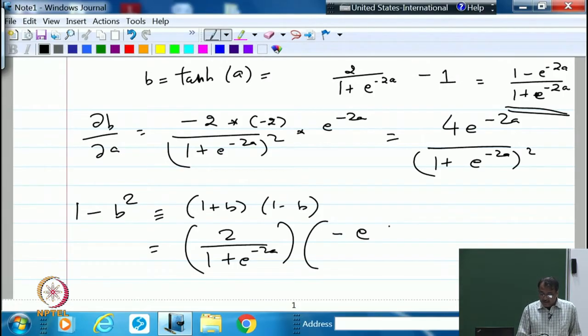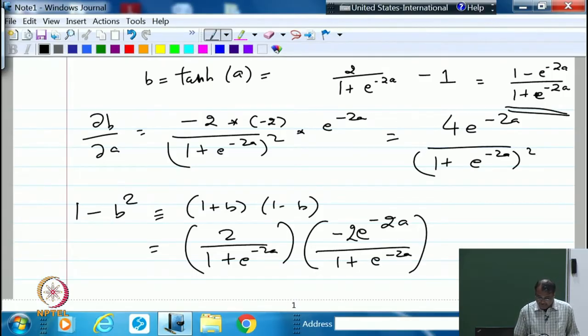Minus 2 e to the power minus 2a upon 1 plus e to the power minus 2a. No, there is no minus here, because I have already consumed the minus inside the denominator. And so if you do this, then this is nothing but 4 e to the power minus 2a divided by 1 plus e to the power minus 2a whole square. Right.